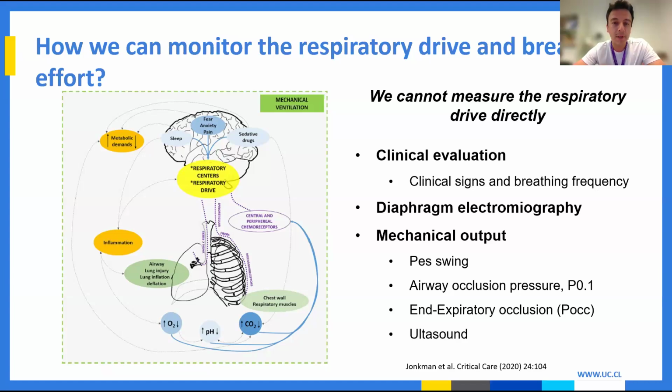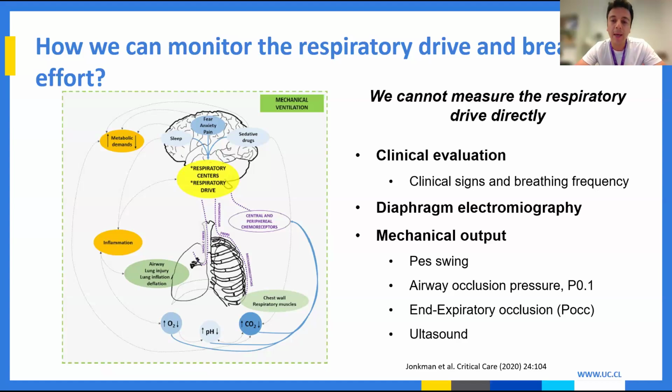But the problem is that these are very subjective, very variable, and not really sensitive to detect if the patient is breathing at high or low levels. For instance, some people say that you can look at the tidal volume to see if the patient is increasing the respiratory effort, but you know that tidal volume is the end of the neuroventilatory coupling, so it can be affected by different factors.